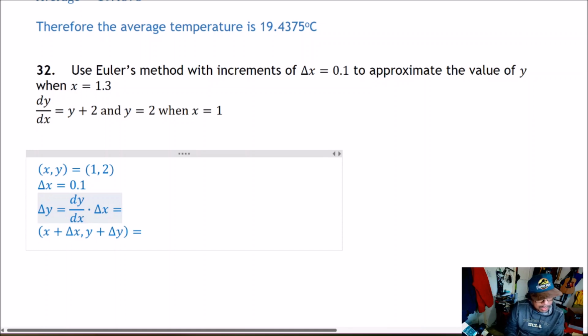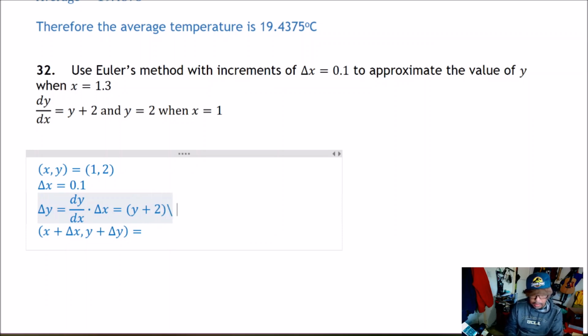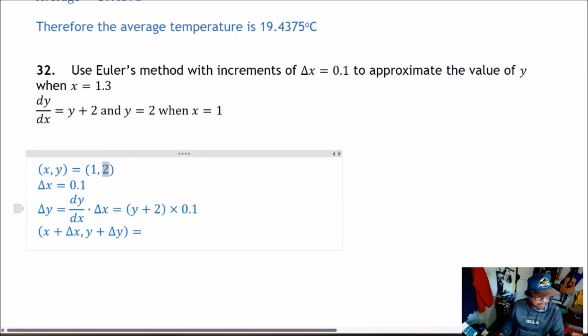So our dy/dx is y plus 2, multiplied by delta x, and we already know our delta x is 0.1. The only thing that we need to substitute here is our y coordinate, and our y coordinate is 2. So make sure you're substituting the correct y coordinate.